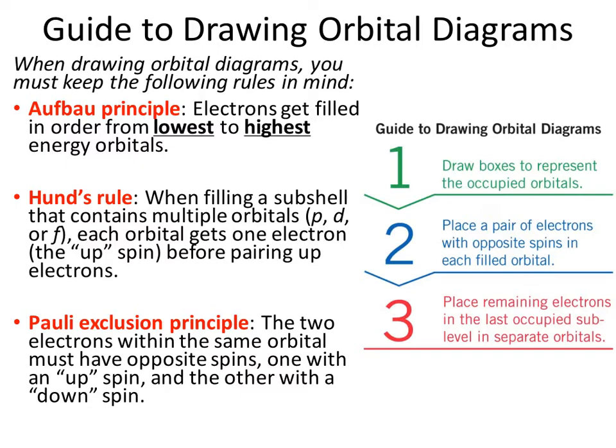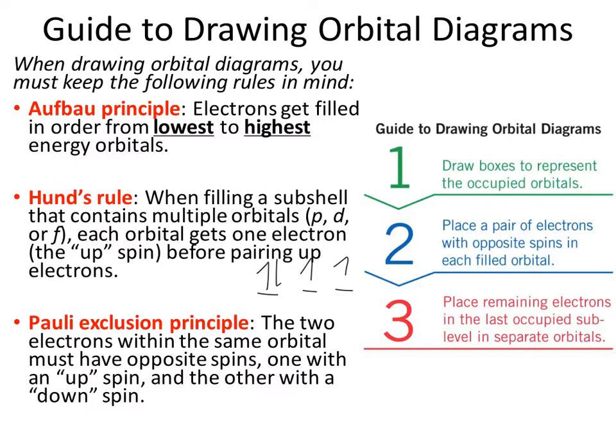Hund's rule is that you have to give each orbital one electron, and that's shown by the upspin. So remember that the electron is shown by an arrow, and the way that we can show an upspin is just by pointing the half arrow up. So in subshells that have multiple orbitals, each one will get one electron. So if we had 3 spaces for representing the p, each one would get one electron before we can go back and double up if we need to.